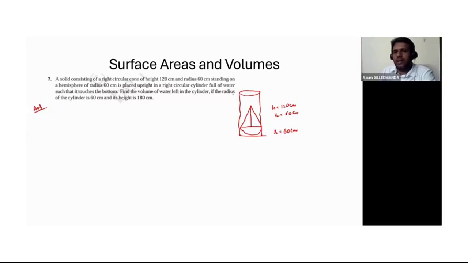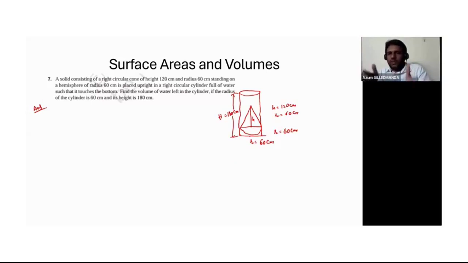Let's say capital H, because I already used small h for the cone, is the height of the cylinder, which is given as 180 centimeters. The radius is the same for all three shapes: cone, hemisphere, and cylinder, which is 60 centimeters.